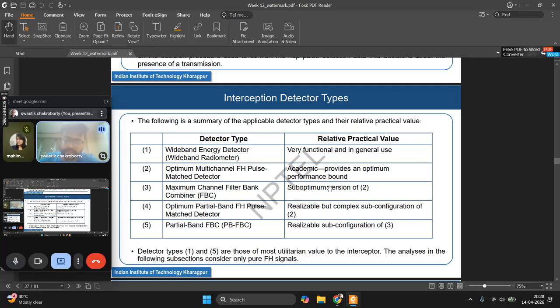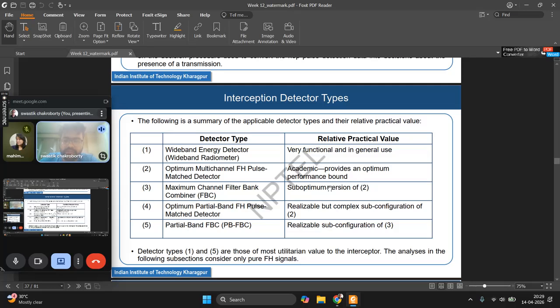Next is the maximum channel filter bank combiner, which is a suboptimal version of 2. Another is the optimum partial band FH pulse matched detector. Instead of matching all the hops of the entire bandwidth, in 4 you try to match some of the hops.